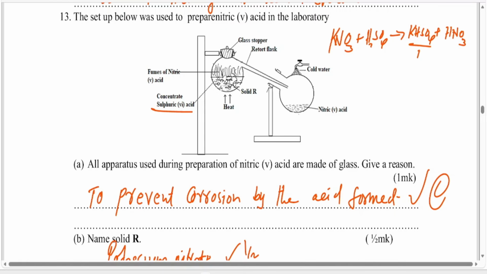So this salt here is an acidic salt. We do not obtain potassium sulfate, which is a normal salt. So why do we obtain an acid salt and not a normal salt? The reason is because to form a normal salt, it requires very high temperatures that cannot be achieved in a classroom or in school laboratories.